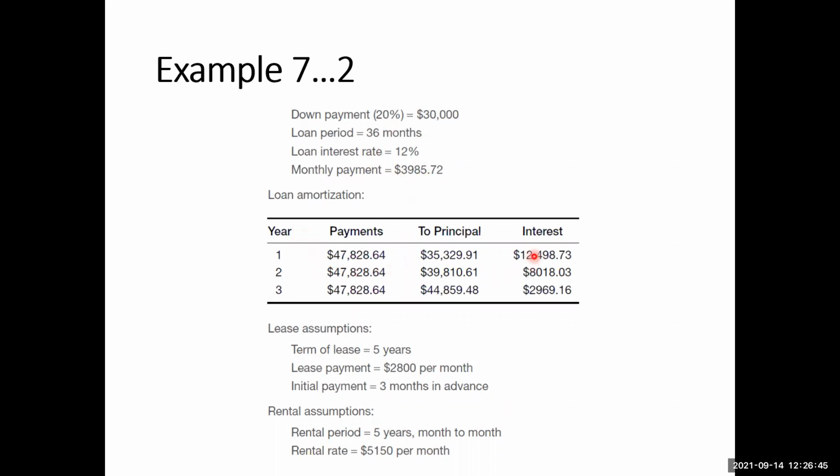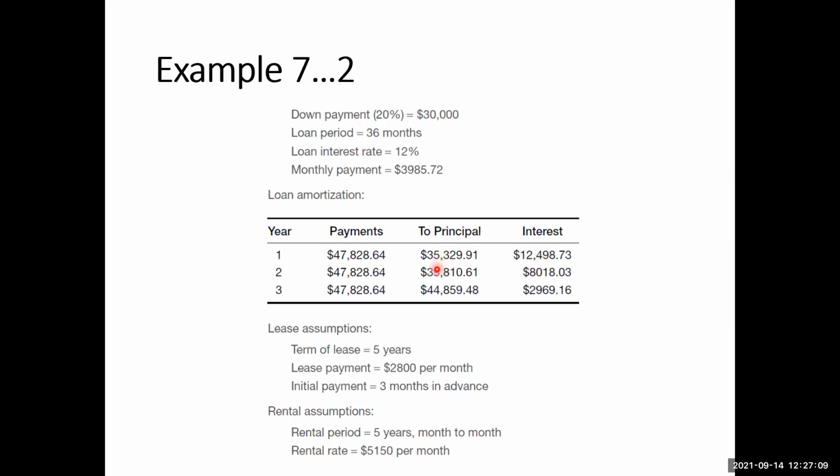It has also been provided to you that at the end of the first year, you will need to return a total payment of $47,828, which will include a principal return of $35,229 and the interest of $12,498.